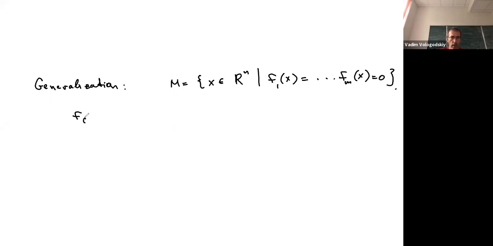Generalization. Suppose you have a collection of m functions. So you take vectors in Rn with the property that f1 of x equals ... equals fm of x equals 0, where these fi are smooth.